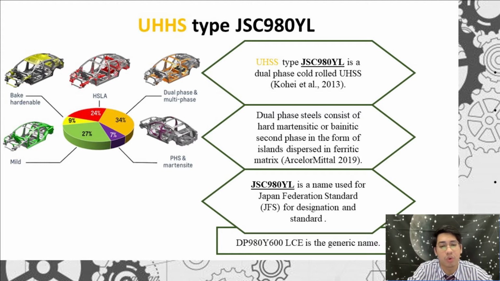JSC 980YL is actually just a code name used in Japan for its designation and standard, whereas its generic name is actually DP 980Y600 CE. We can see at the pie chart there, UHSS dual phase consists of 34% of the body in white structure, mainly in the cabin structure.